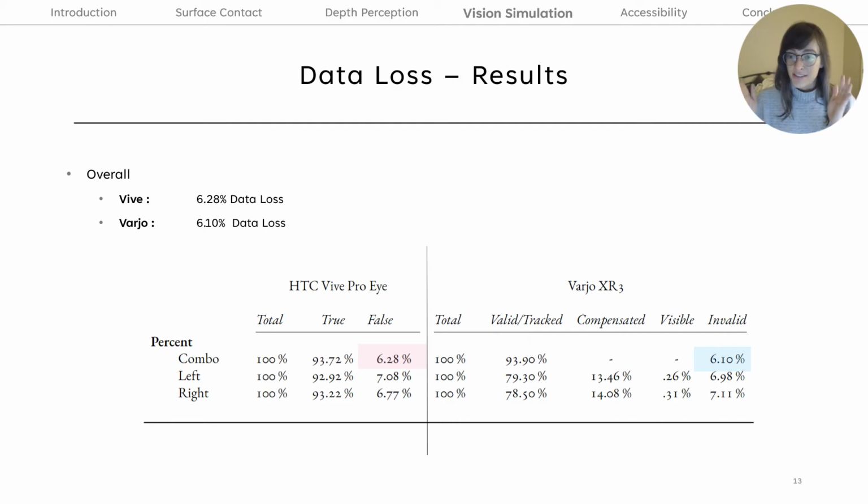In contrast, the Vario is still a bit of a black box, but we have more insight into the different tracking states. And this can actually be really informative for future eye tracking data quality studies to consider, because we might anticipate that the compensated state, for example, or visible, has lower eye tracking data quality.